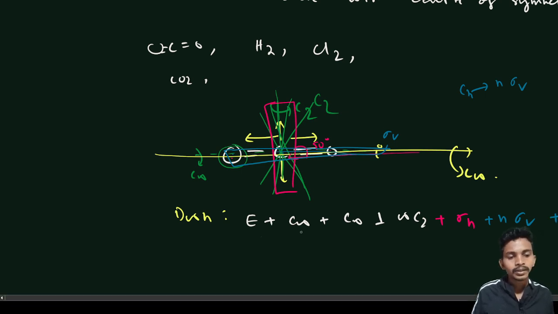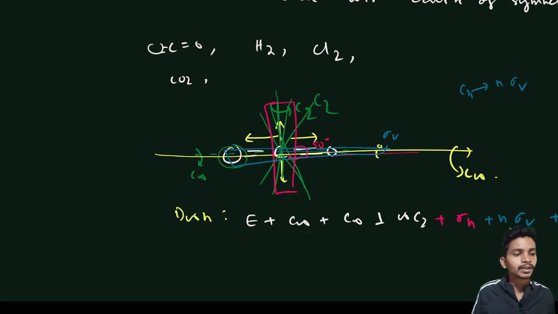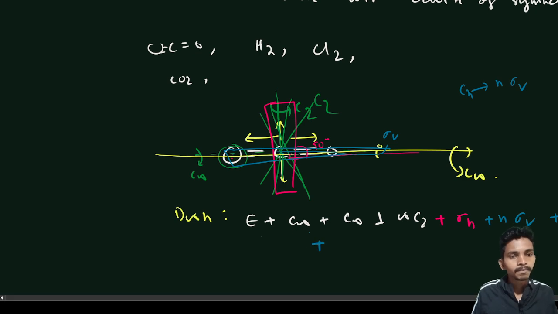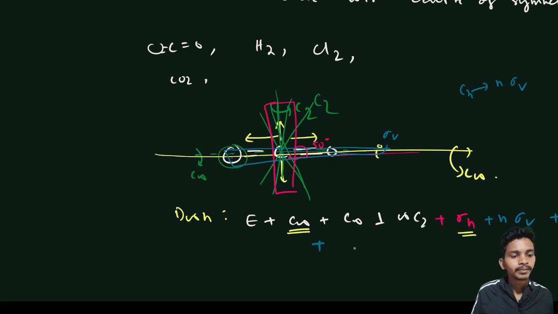So E, C infinity, then n C2, sigma h, n sigma v, and i is there. And you know that if C infinity and sigma h are present, it means S infinity is there.